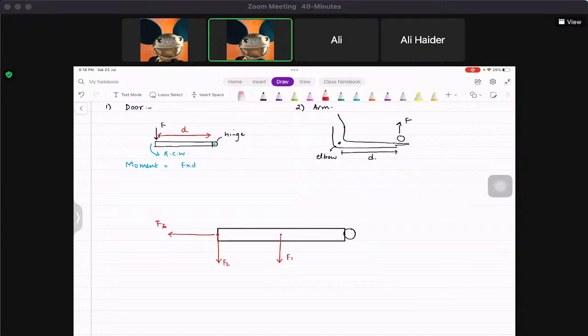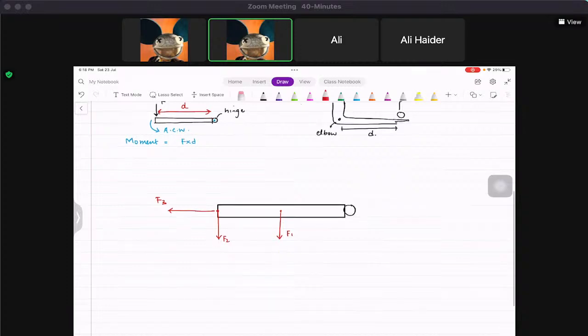So what you need to understand is that, let's say the distance of F1 is D1, and the distance of F2 till the pivot is D2, and the same for F3. So F1 will have a smaller turning effect.